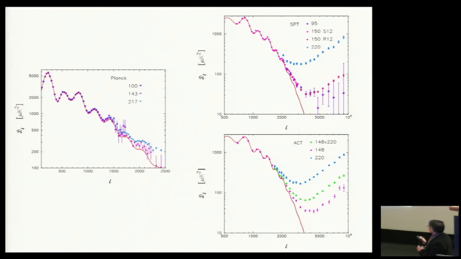So what we use normally as indicative of our best parameters for cosmological analysis is combining Planck with power spectrum measurements from SPT and ACT that have higher angular resolution and extend up to multipoles of nearly 10,000. And so we're using the high L experiments in effect as additional information to constrain the unresolved foreground parameters.